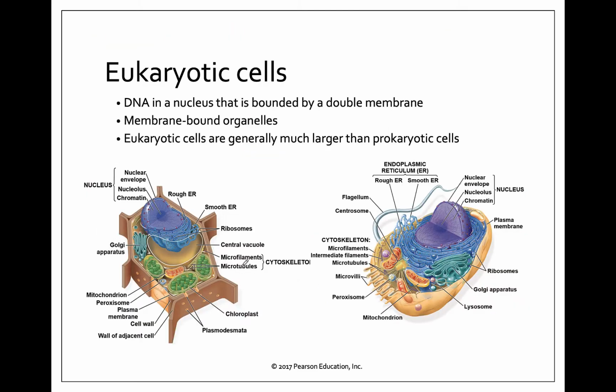So here is our generic eukaryotic cell. Over here we have a plant cell, and over here we have an animal cell. You can see that the DNA is bound inside of a nucleus, and it has a membrane. So right here in the plant cell, here's my big nucleus, animal cell, here's my big nucleus. It's always purple for some reason.